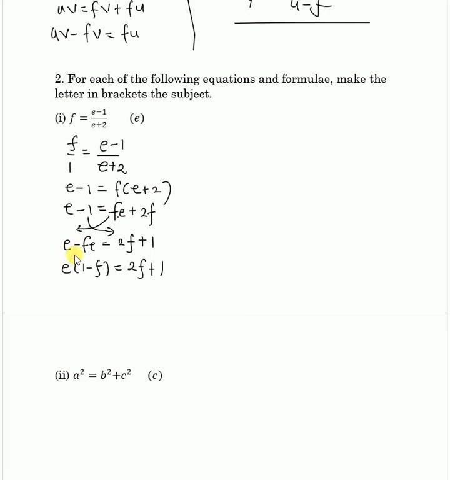There is e common here and there, so when I factorize out e, here I remain with 1, such that e times 1 I get e, e times f I get fe. That is the essence of factorization. So we have that now e is equal to, I divide through by 1 minus f, 2f plus 1 divided by 1 minus f, and that is having e as the subject of the formula.